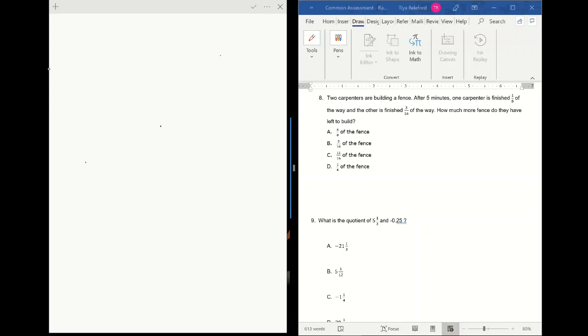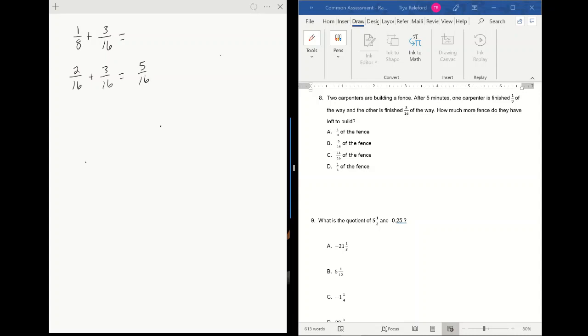2 carpenters are building a fence. After 5 minutes, one carpenter is finished 1/8 of the way. The other is finished 3/16 of the way. How much more of the fence do they have left? Have left means subtract. So you are going to add together how much they've done, and you will find out they have finished 5/16.